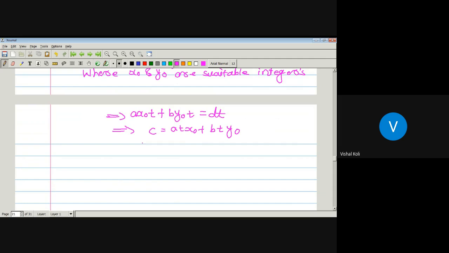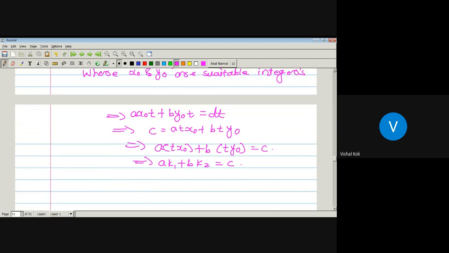So here c can be written as a into t x0 plus b into t y0, which is equal to c, which implies a into some k1 plus b into k2 is equal to c. Here k1 and k2 are integers, since t x0 is an integer and t y0 is an integer.